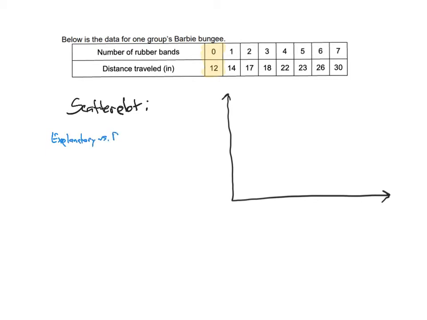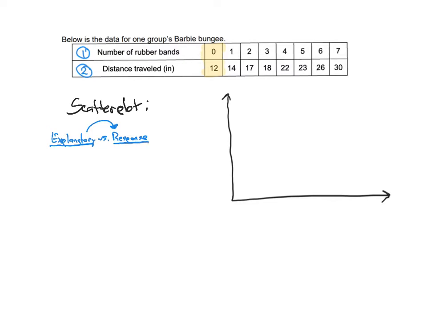There's variable 1 and there's variable 2. The explanatory is the variable we believe explains the response, which is the outcome, right?